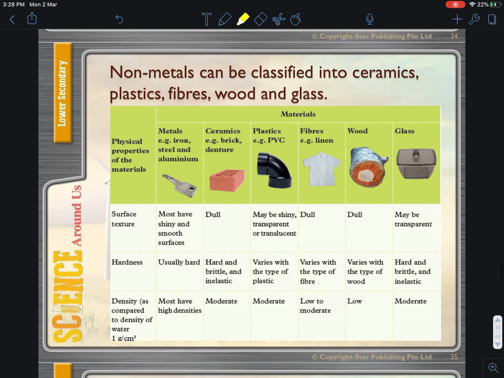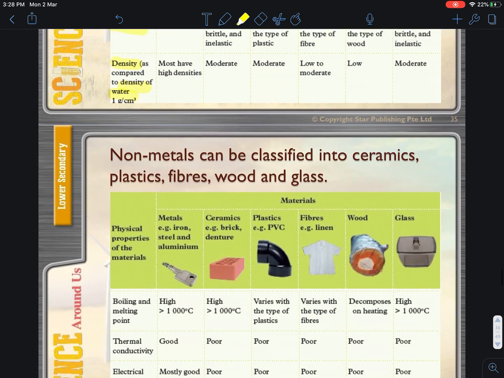So non-metals can also be classified into ceramic, plastic, fibers, wood, and glass, and this is due to their properties, such as surface texture and density as compared to the density of water. For all this, you can pause the video and read up on how the different materials can be used, and why we use such materials to create certain products.